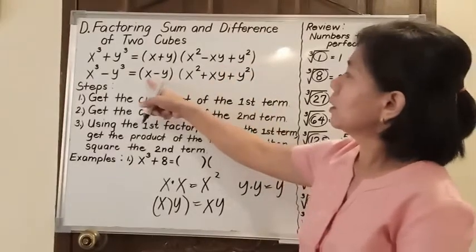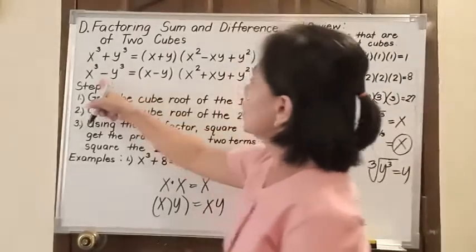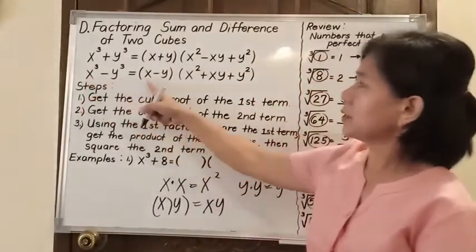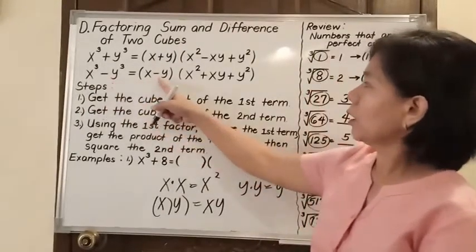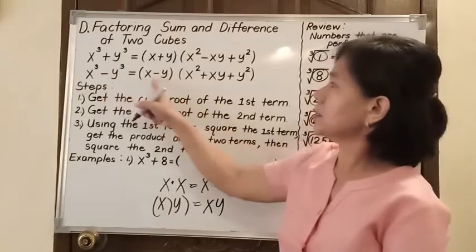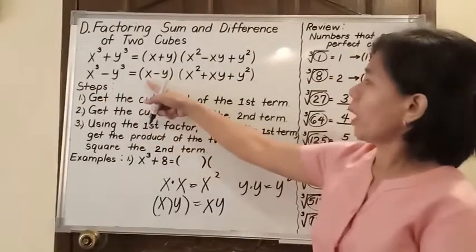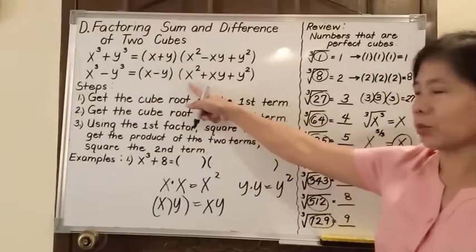How about the difference of the two cubes? The same process, you get the cube root of x cubed, and that is x. Get the cube root of y cubed, that is y. It should be the difference, the same as the given. And then next, get the square of the first term. The square of x is x times x, and that is x squared.